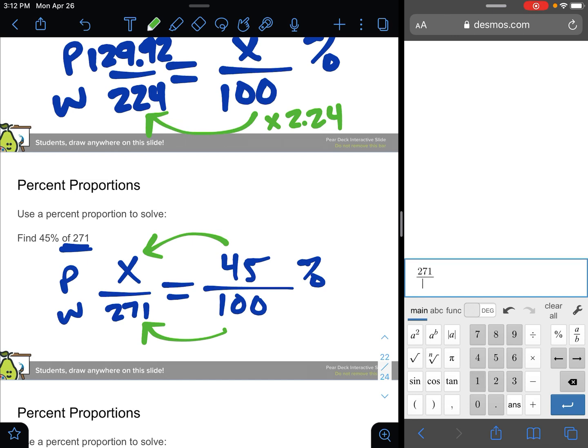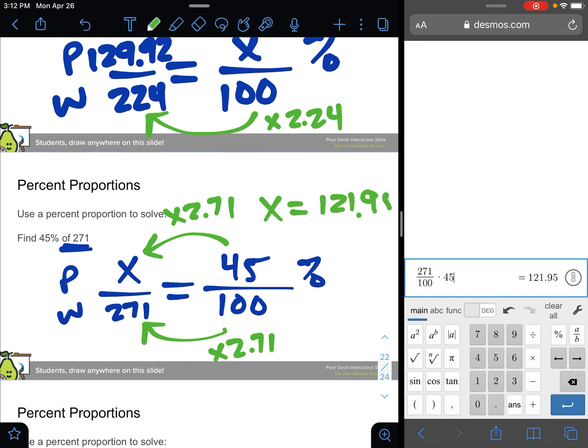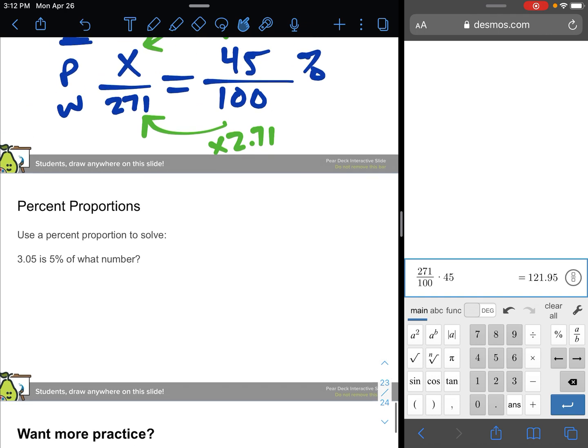I missed a 1 on there. It's going to be 2.71. Hopefully you knew that before you typed it in. And then we're just going to multiply that by 45, and that'll be our answer. So x is 121.95. This is not a percent. This is the part. It should not be a percent for this one.